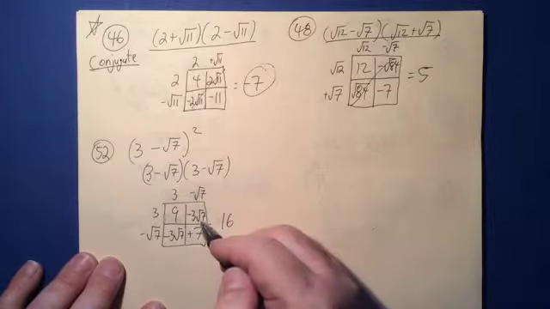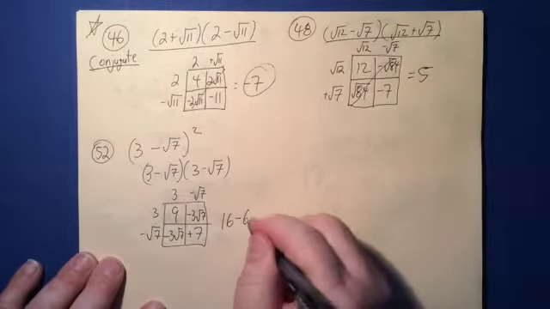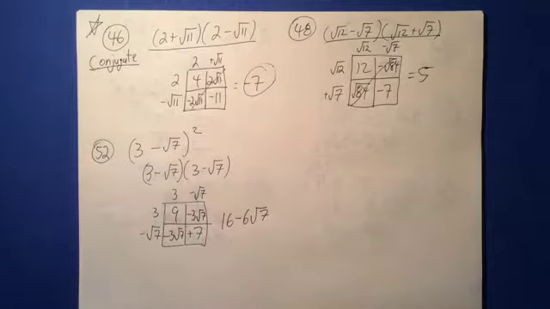Negative 3 radical 7, negative 3 radical 7 will become negative 6 radical 7. So here the radical is not disappearing, like it did in questions 46 and 48. So when we square, we just simply take the two things, write them out twice, and multiply them together.